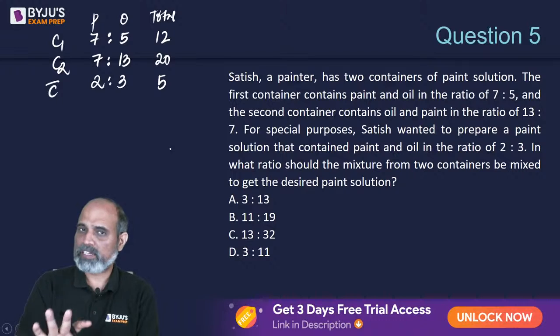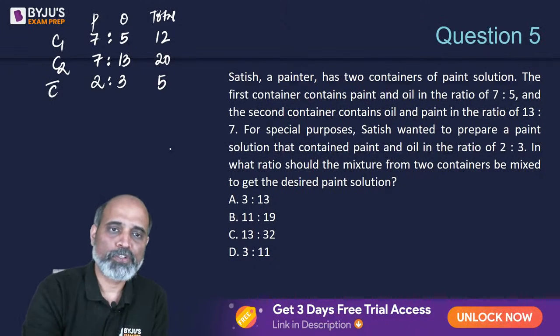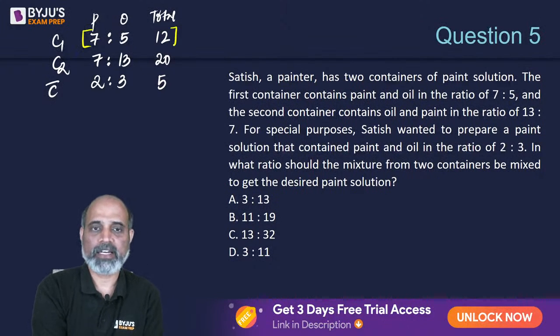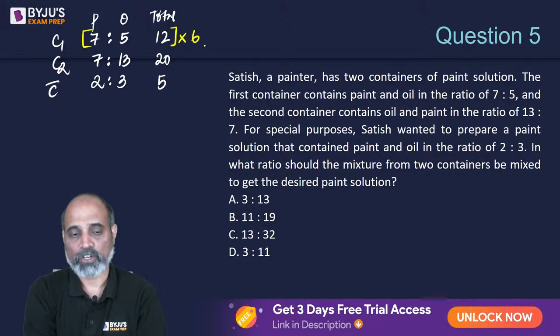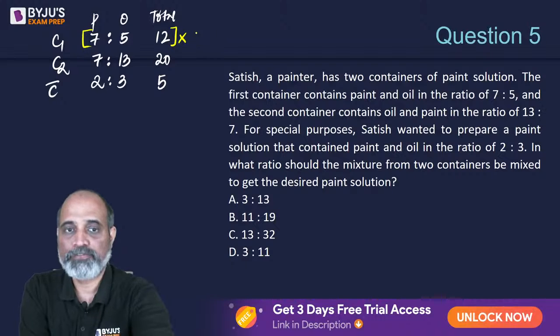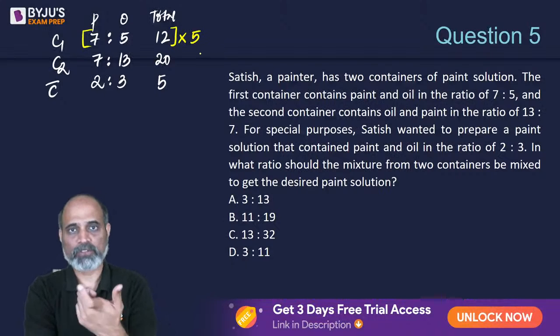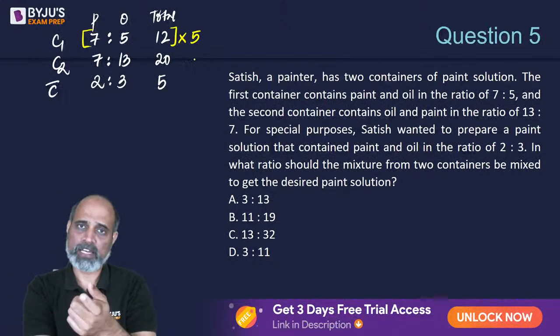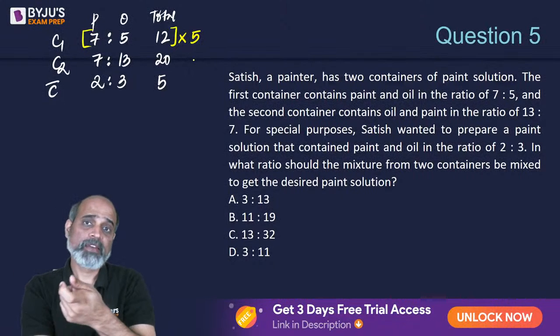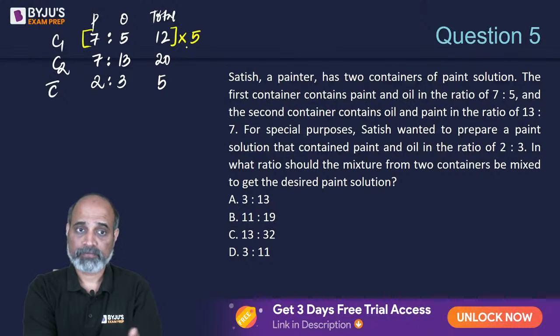So in order to make the question easier, what we will do is we will take this entire thing and multiply this by 5, so that we get 60 as the value. So we are trying to make the total of every ratio a multiple of 10.